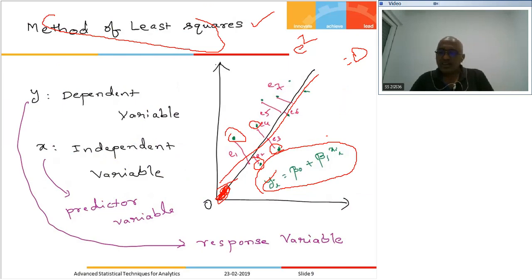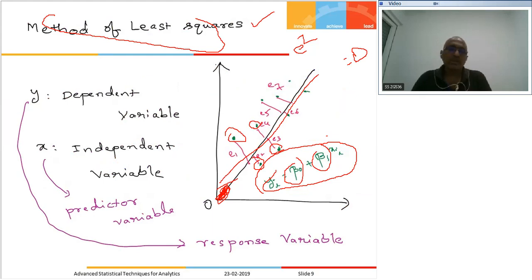In this slide, how to draw the line? Just to understand it, I have drawn the line. But actually, what we are going to do is find out the values of mx plus c. That will be written as beta naught plus beta 1x. So we want to find out the values of beta naught and beta 1, where most of the points are nearer to it.